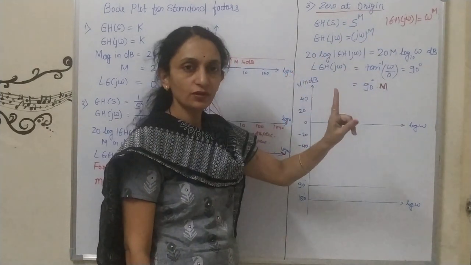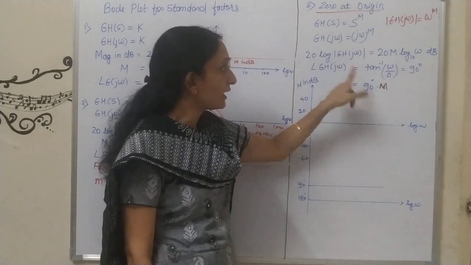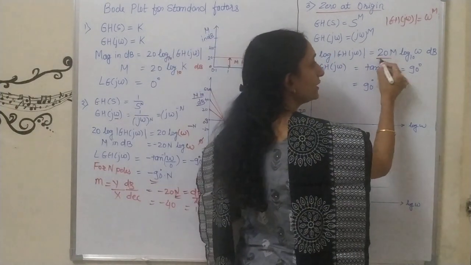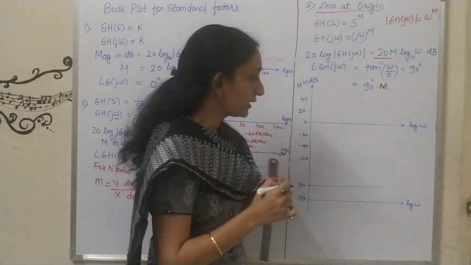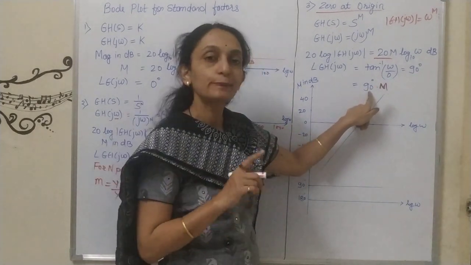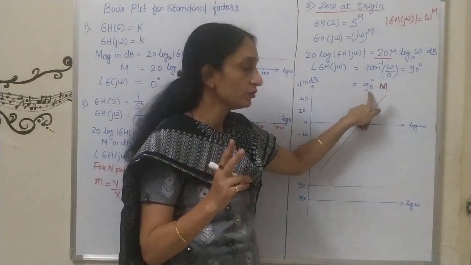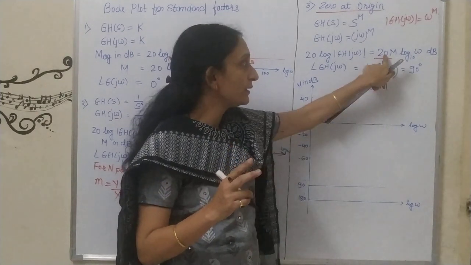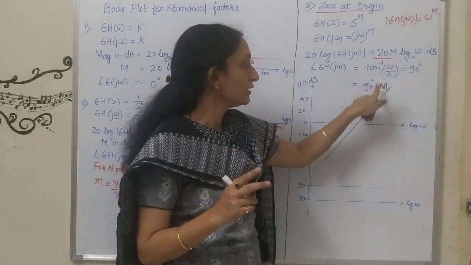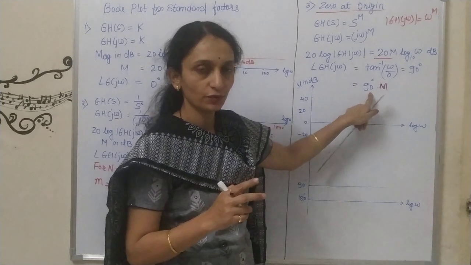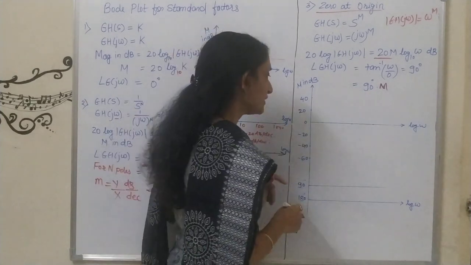For one zero, your line slope will always be plus 20, and the angle is always plus 90. For 2 zeros it will be 20 into 2, so plus 40, and the angle will be 180 degrees. Like that you can draw the conclusion.